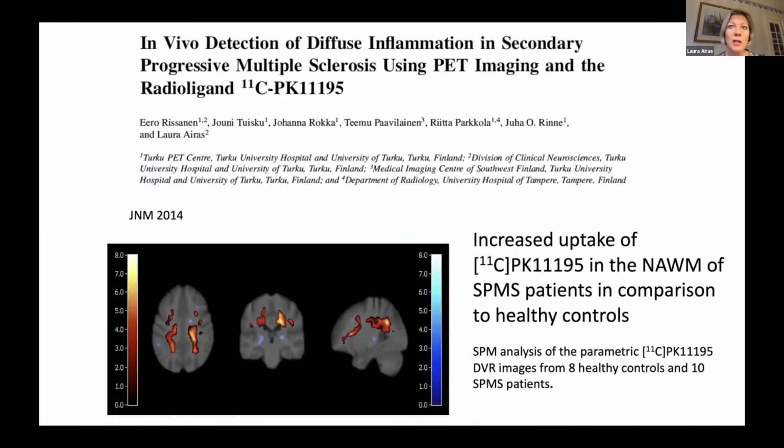So this is an image from our own work showing at group level the areas in the normal appearing white matter where the PK11195 binding is increased in SPMS patients compared to controls.